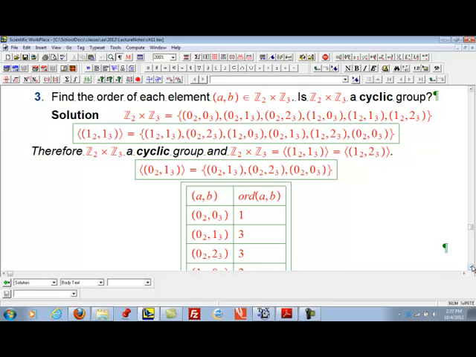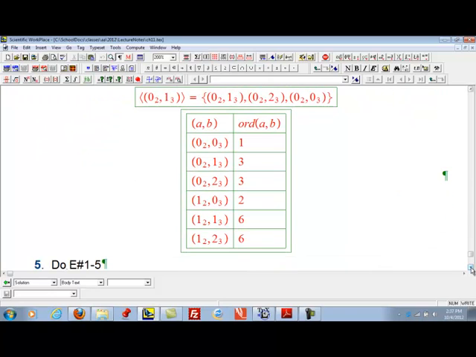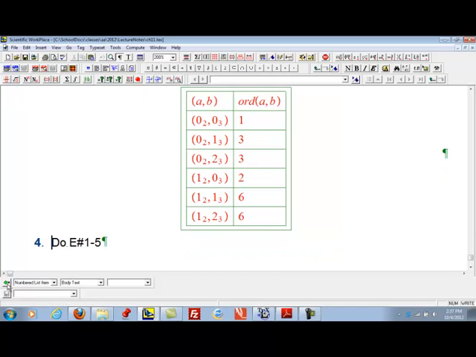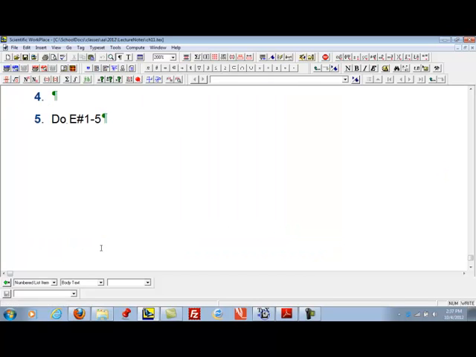Now, before we look directly at number 5, well, number 4, what we're going to do is do one thing in between. We're going to consider this group, Z2 cross Z6.